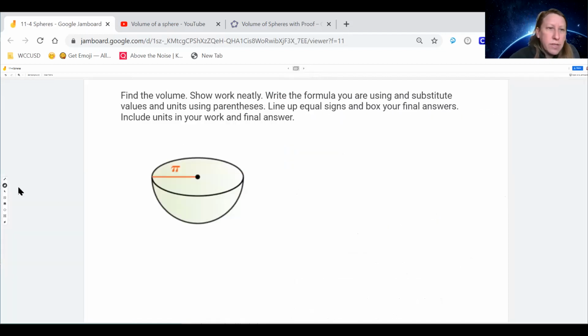Let's do this one. This one's kind of weird. It gave you the radius in pi, which is just kind of weird, but it's okay. The volume of the hemisphere is going to be half the volume of the sphere, right?